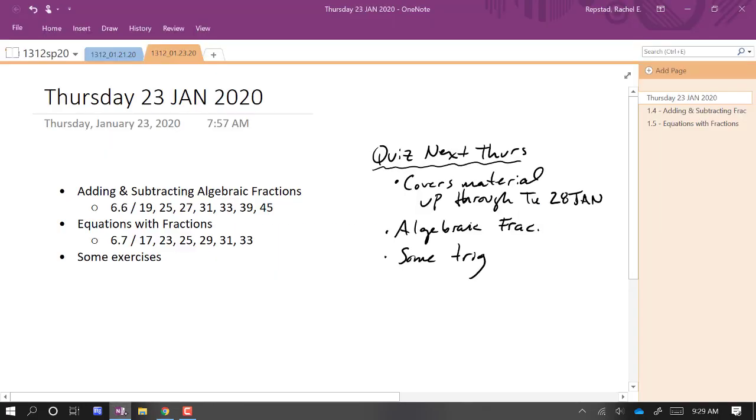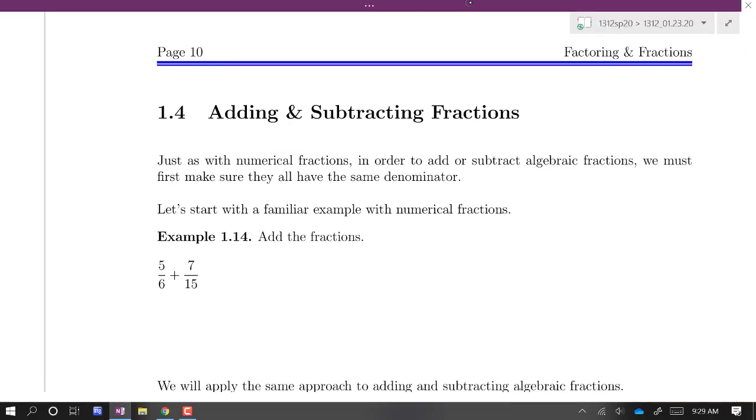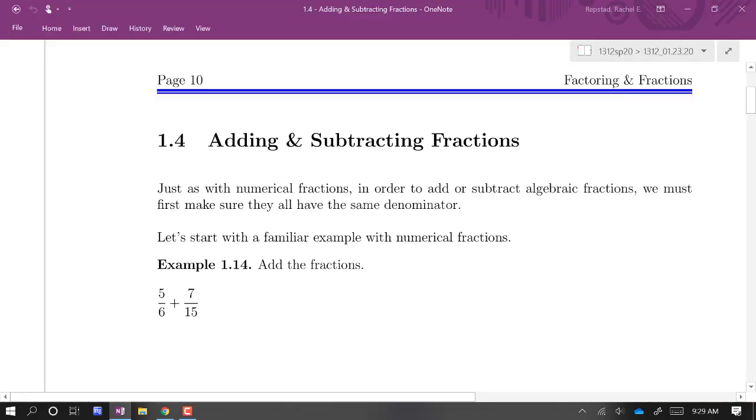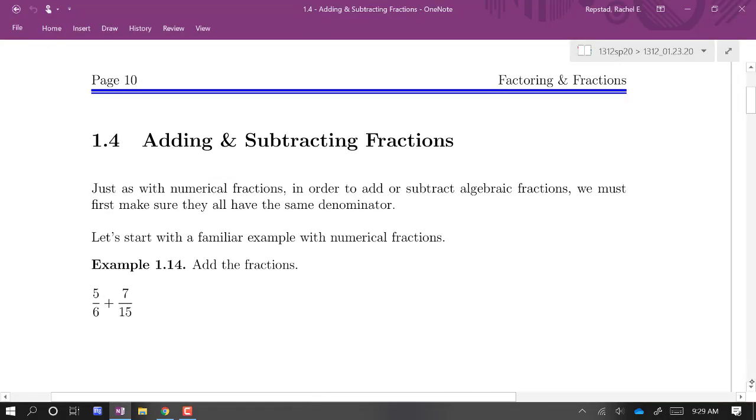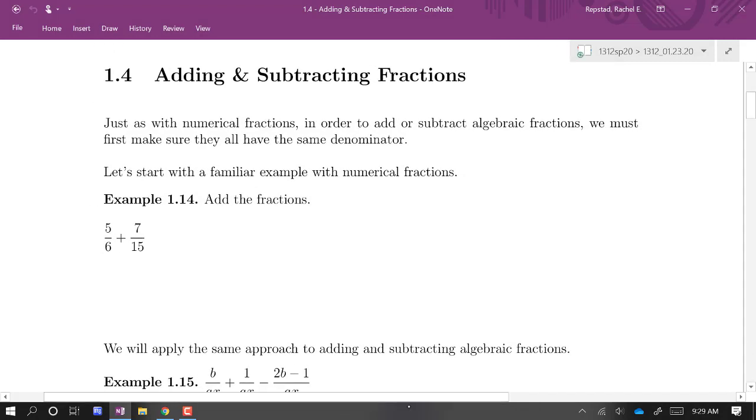Okay. If there aren't any questions from what we did last time, then we'll get started. So we did factoring and reducing and multiplying and dividing fractions last time. We're going to look at adding fractions, and we're just going to start with an example with numerical fractions. So the way that I kind of recommend viewing the addition of these two fractions starts with factoring the denominator.